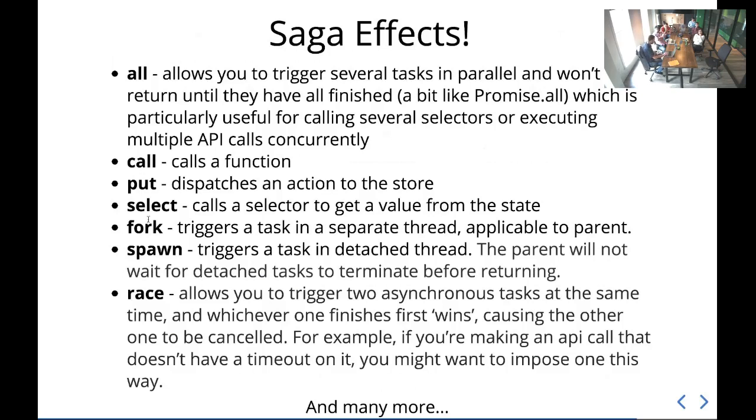And there are others I haven't personally had to use, because I haven't had anywhere where I needed to handle a race condition or manage my API call threads individually. But just for general enrichment, I wanted to show that there's much more to this API than I present in this example, and it goes a little bit farther than that.